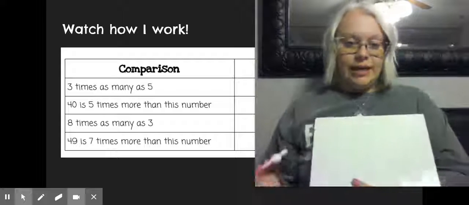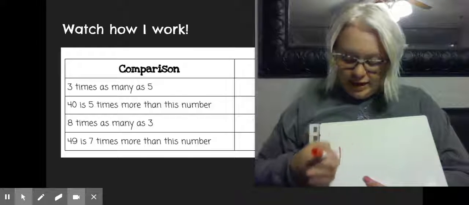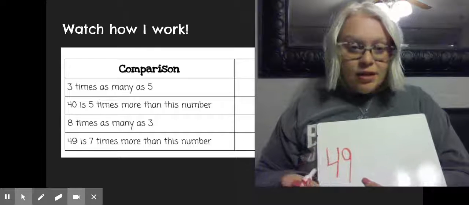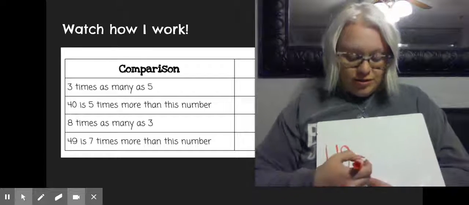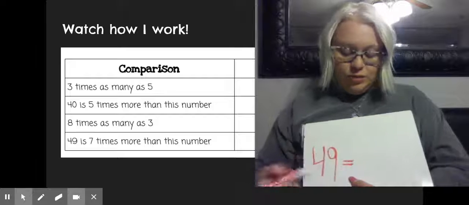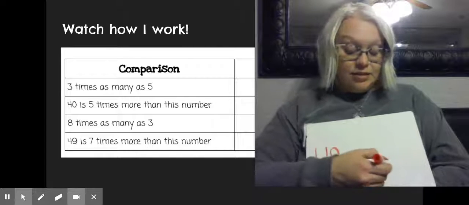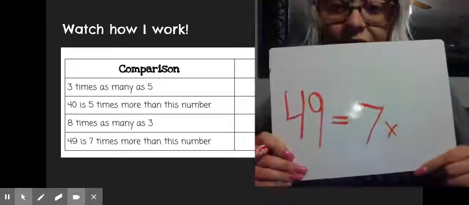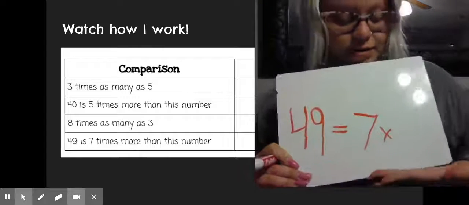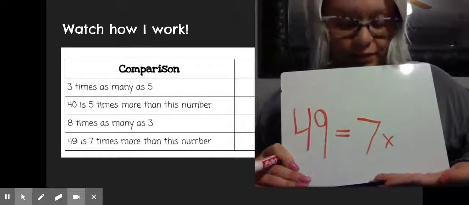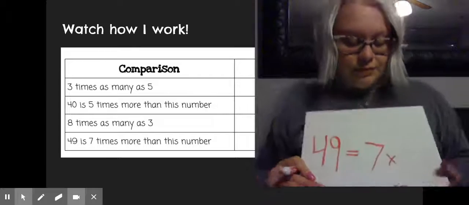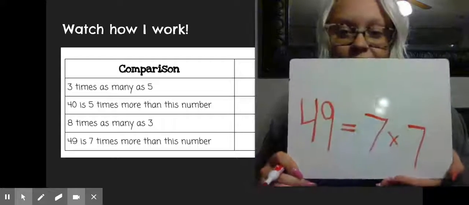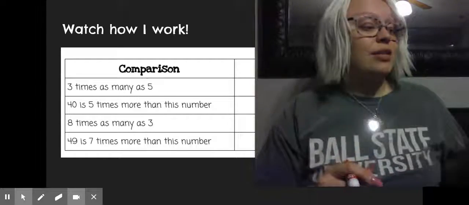The next one says 49 is 7 times more than this number. So I'm going to do equals 7 times more than this number. So I'm going to see 7 times what gives me 49? 7 times 7. Perfect. So this is exactly what you're going to be doing.